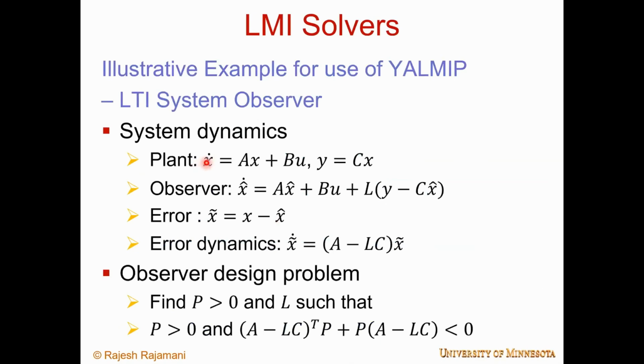So the plant is x dot equals Ax plus Bu, and the output is y equals Cx. For the observer equation, like before, we replicate the plant dynamics and have linear output error feedback. The estimation error dynamics are x tilde dot equals A minus LC times x tilde. Our objective is to find a positive definite matrix P such that A minus LC transpose P plus P A minus LC is less than 0.